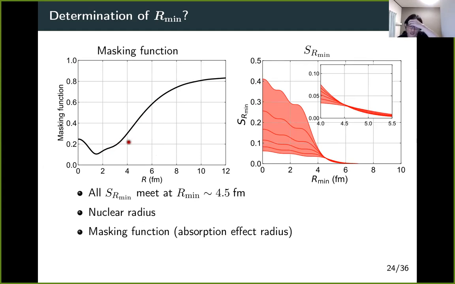We cannot clearly define it, but maybe they have some relation. And this is still under investigation, how we can put some clear criterion for this R minimum.